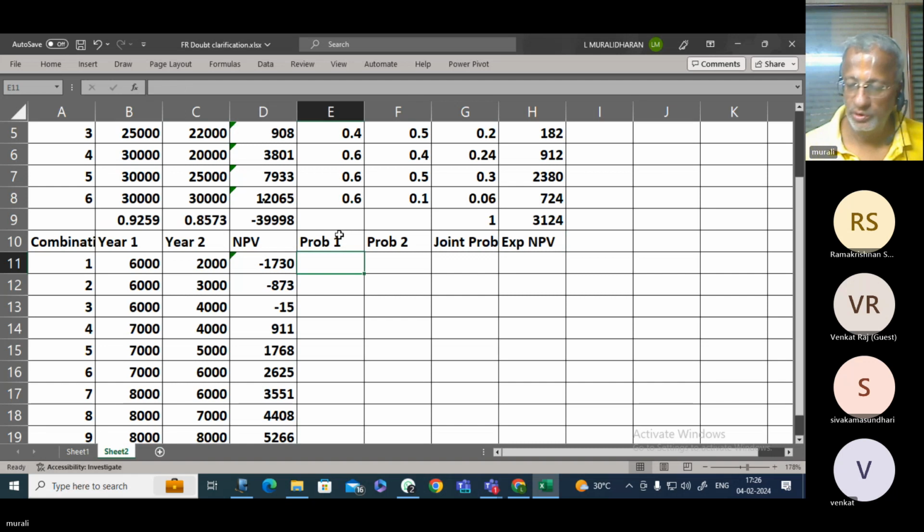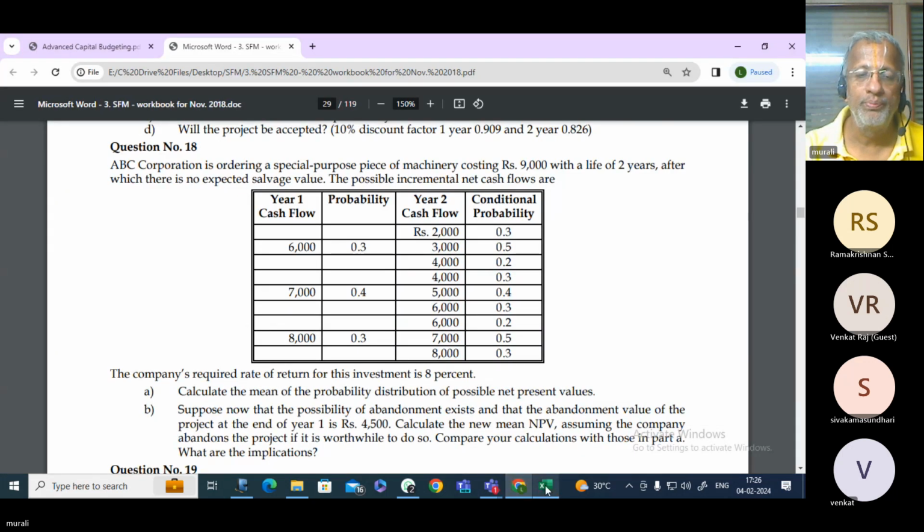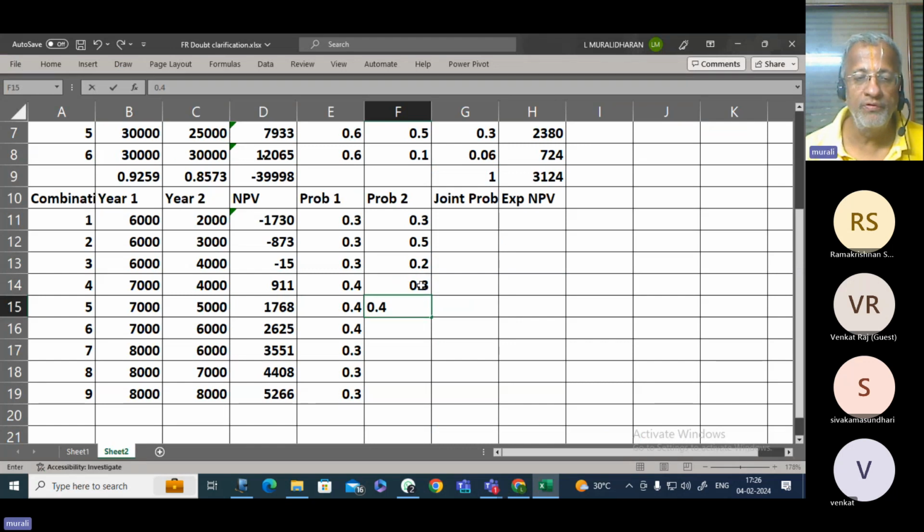Same thing. So 0.3, 0.4, what is the probability here? 0.3, 0.5, 0.2. 0.3, 0.4, 0.3. 0.2, 0.5, 0.3.